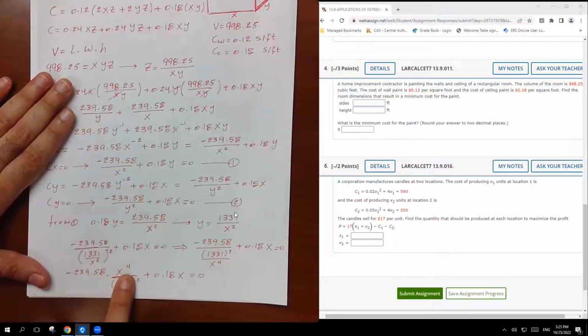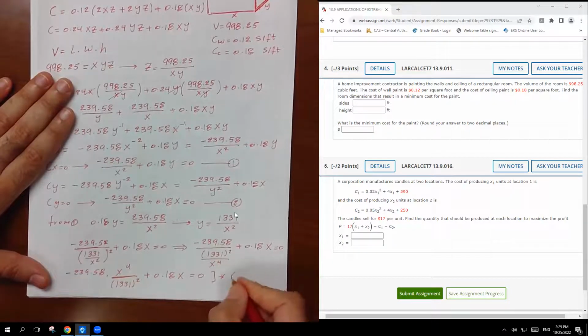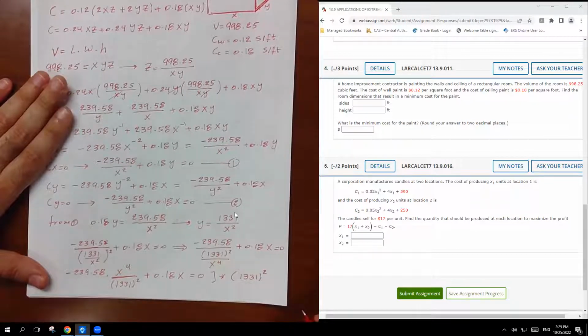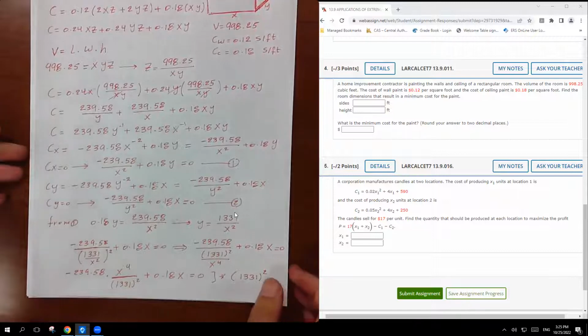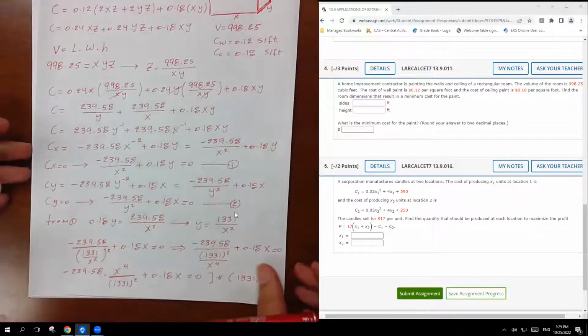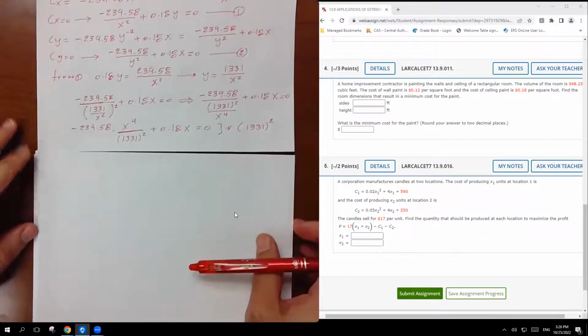Now I'm going to take x as a common factor. Let's cancel this one. So I'm going to multiply the whole thing by this big number, and let's see how much the result is going to be. So multiply everything by this number.